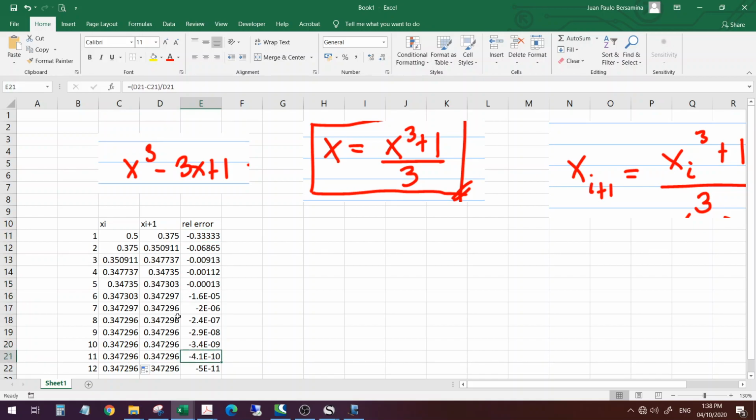Okay, that means the value of x is 0.347.